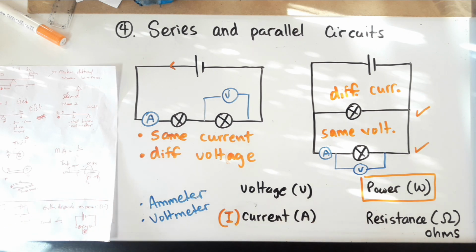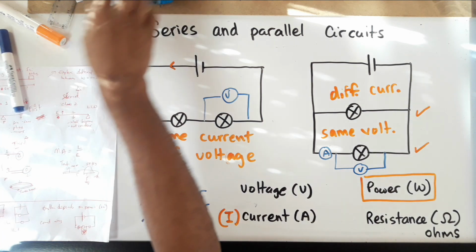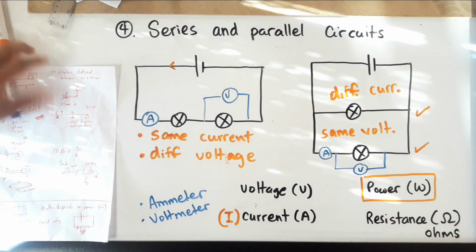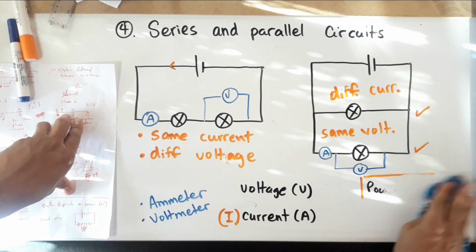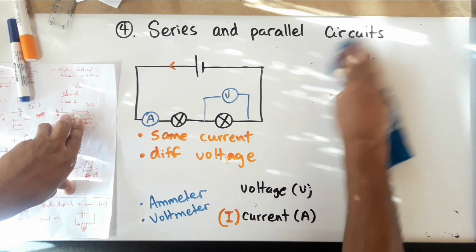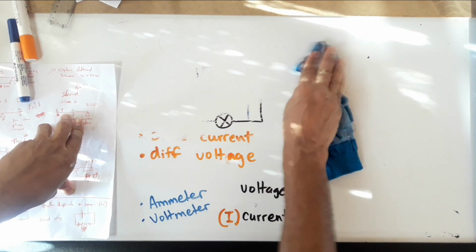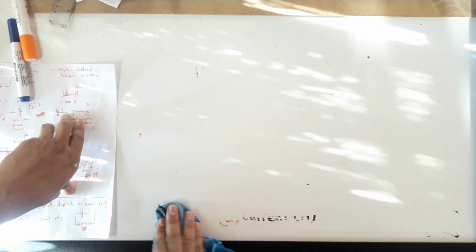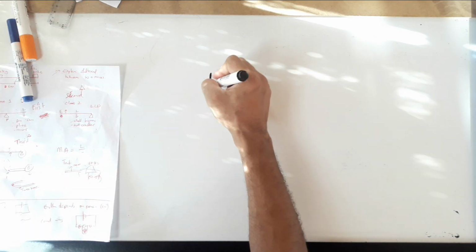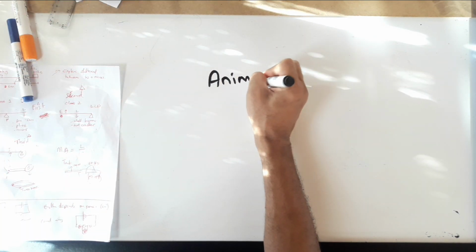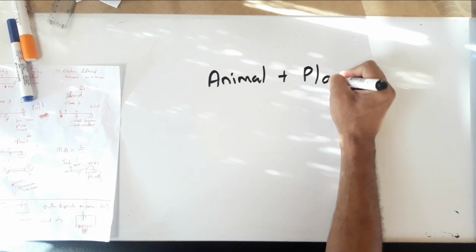There's actually a 5th topic I want to do now, but it's not me drawing on the board exactly. It's some slides that I made about 2 months ago, and it was going to be on animal and plant cells.